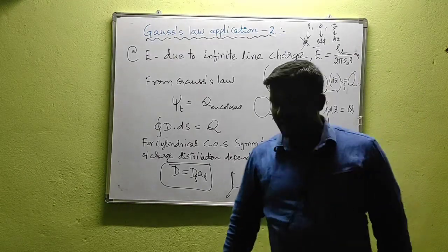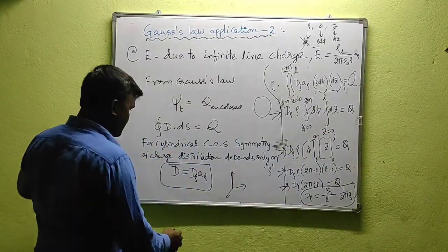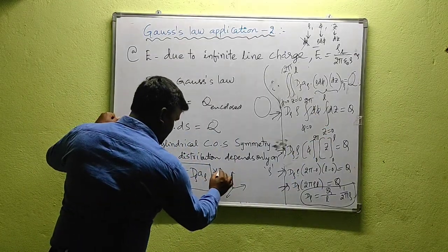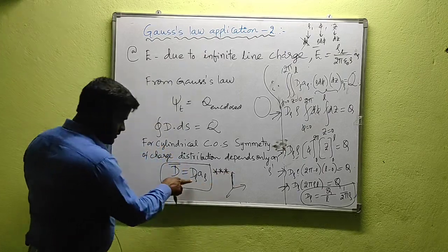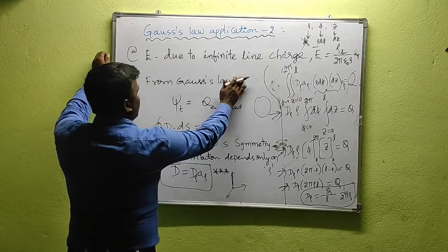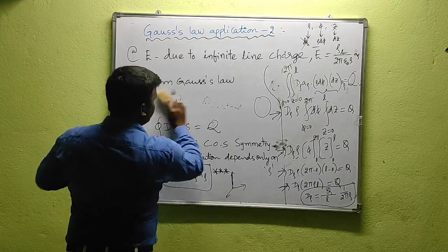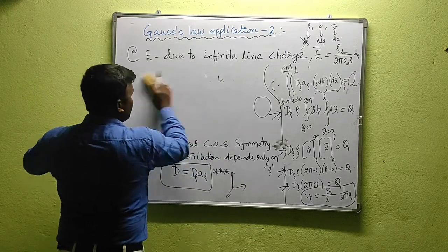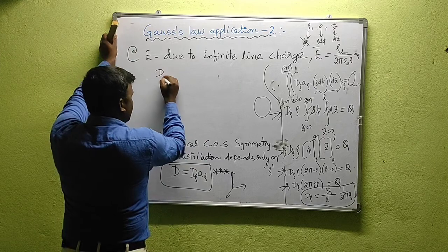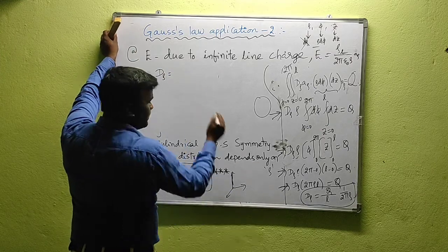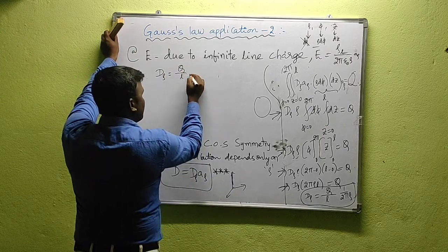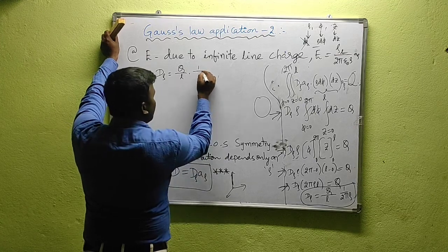This is important in this case: the symmetry of the charge distribution depends on rho only. D_rho equals Q by L into 1 by 2 pi rho.